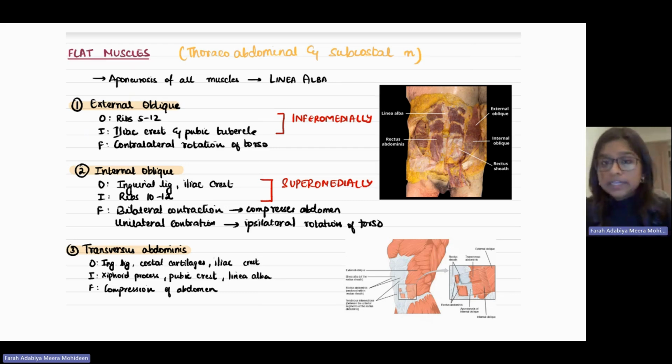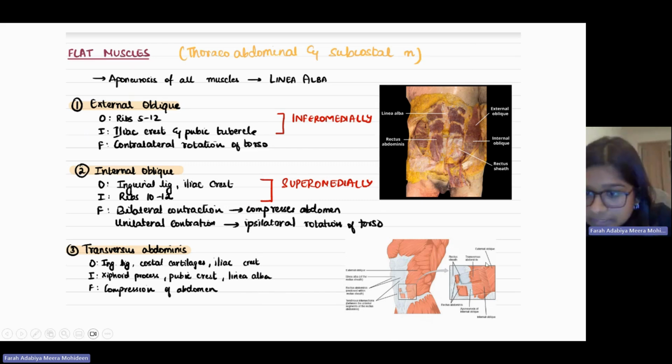So again, how do you remember the direction of fibers? It is hands in pocket for external oblique, opposite for internal oblique, and transverse for transversus abdominis. It's in the name, transverse fibers. Using this, you can get the origin and insertion in your mind, and even the function, I would say.